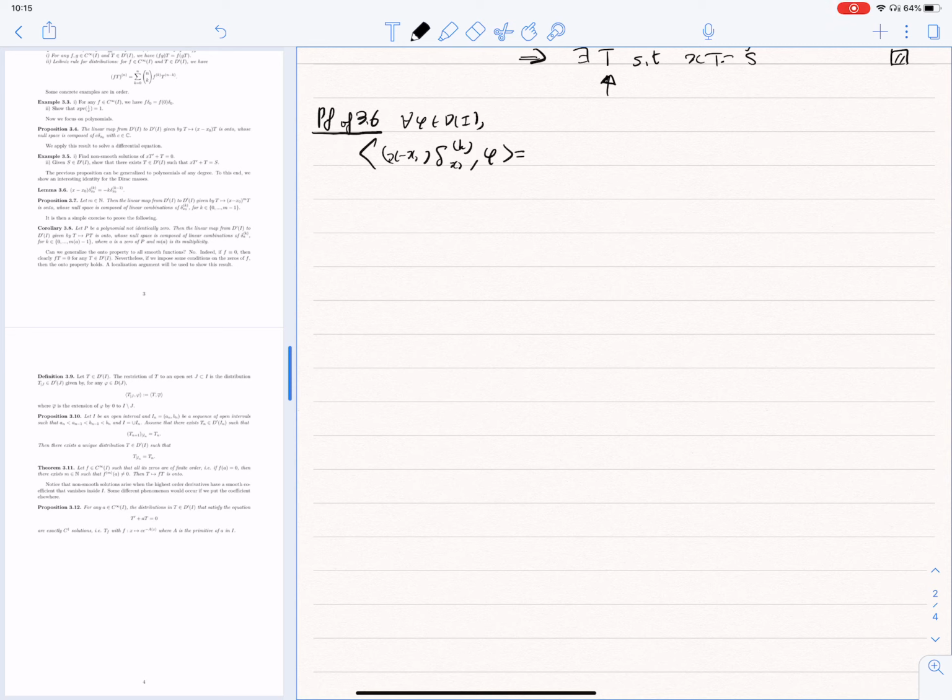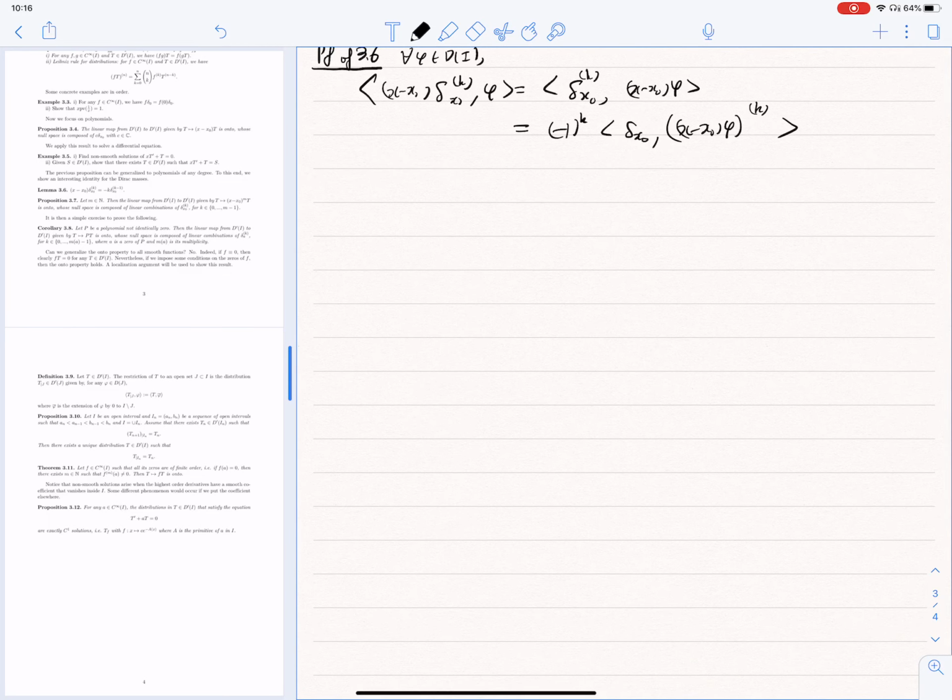According to the definition, this is minus 1 to the k times delta x naught applied to the k-th derivative of x minus x naught times phi.